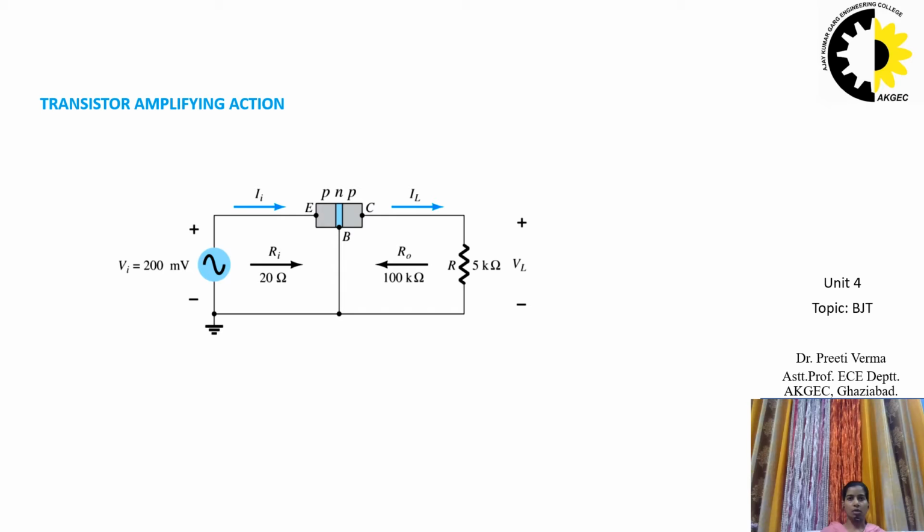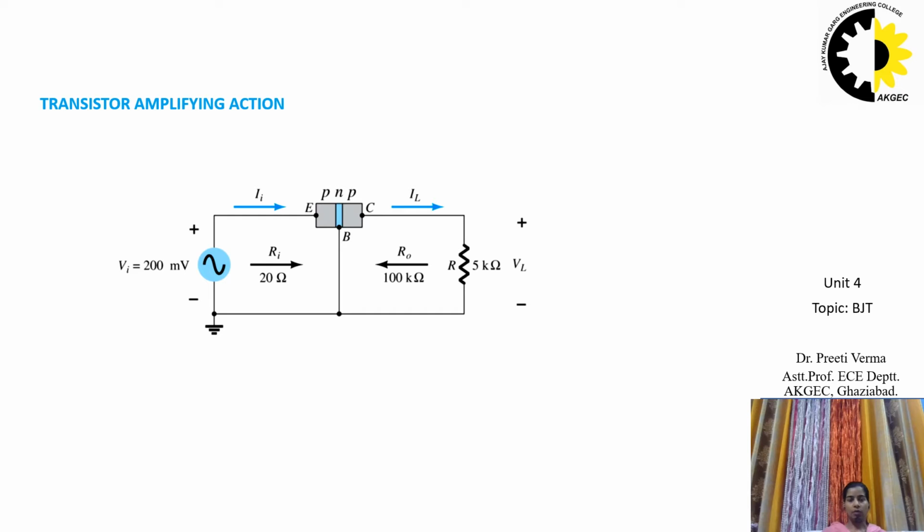For the common base configuration, the AC input resistance, determined by the characteristics of the common base amplifier that we have seen, is quite small and typically varies from 10 ohm to 100 ohm. The output resistance, as determined by the curves of the characteristics, is quite high, and the more horizontal the curve, the higher the resistance.